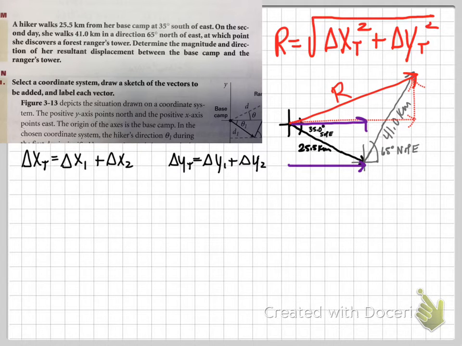Can I move a vector parallel to itself? You betcha. So if I go with this one, here's the perk. I get to use the angle that I was given in the problem. I don't have to figure out the complement. Not that that's hard. I mean, we can subtract a number from 90. I think we can manage that.